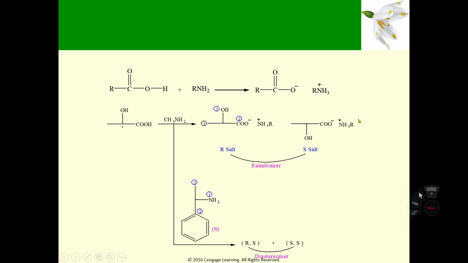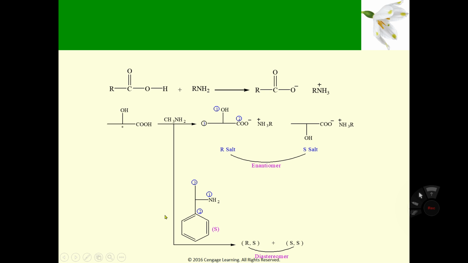Okay. However, if you react with a chiral base, so let's say this chiral base is just 100% S isomer, and this is the mixture of R and S, that's 1-to-1, right? Then if you react it, you will have a mixture of RS and SS.